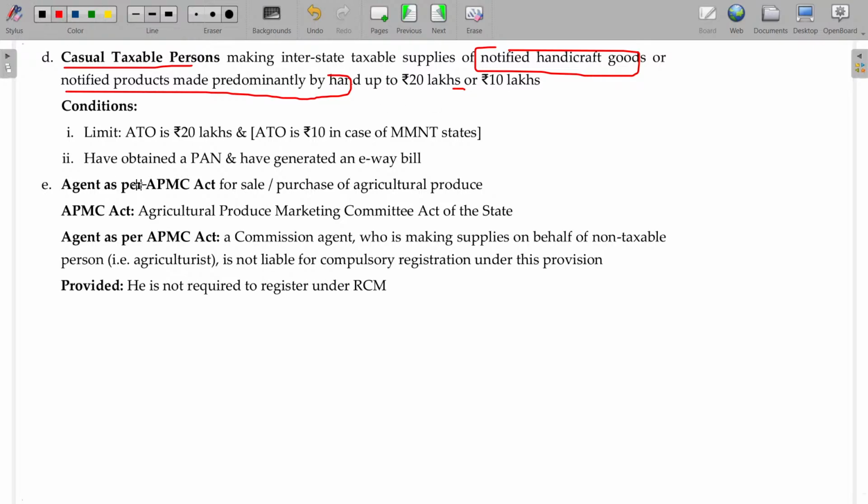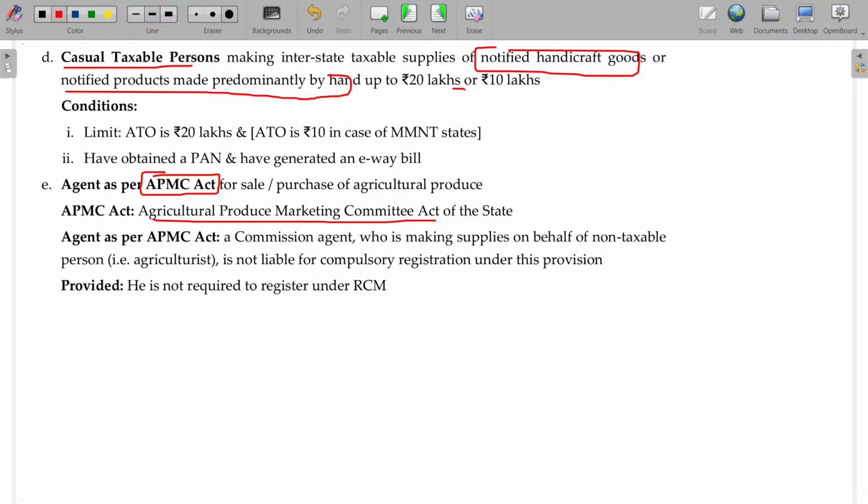But if I am the agent as per APMC Act, Agricultural Produce Marketing Committee Act, okay. See what happens as per the Agricultural Produce Marketing Committee, all the farmers themselves form a committee. This committee is responsible for collecting the agricultural produce sold by the farmers and selling this to third party, and procuring the materials and supplying the raw material to the farmers whatever they are in need of, probably seeds and equipment and all, right?